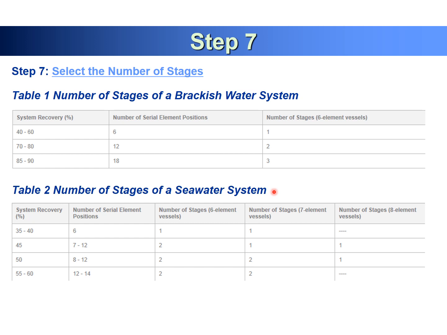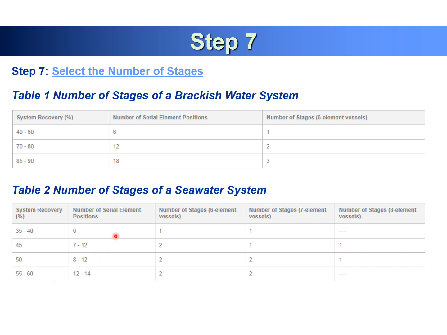So seawater desalination has a very high initial salt concentration, so recovery is relatively lower than brackish groundwater or wastewater. System recovery is 35, 40, 45, 50, 55 to 60%.